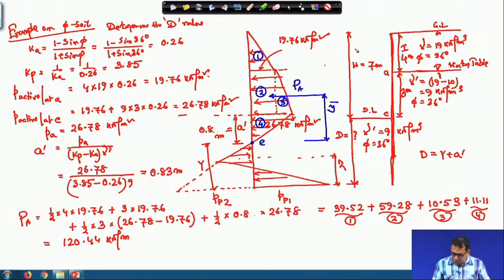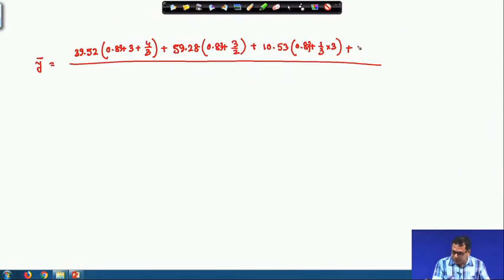Plus the fourth one, it is 11.11, and this will form here. So, it will be 2 by 3 of 0.83. This side is 1/3 of 0.83, this side will be 2/3 of 0.83. So, I can write this is 11.11 into 0.83 into 2 by 3.